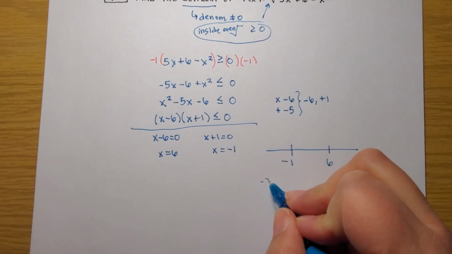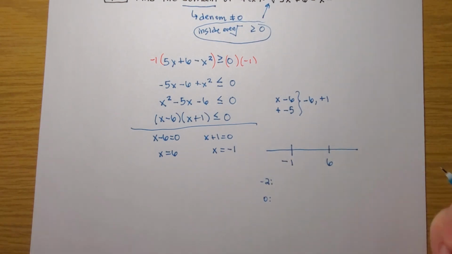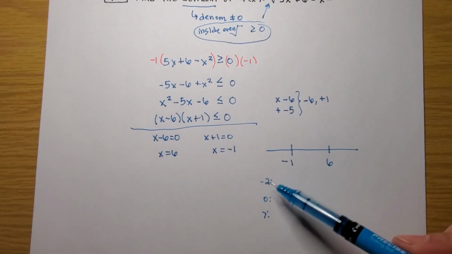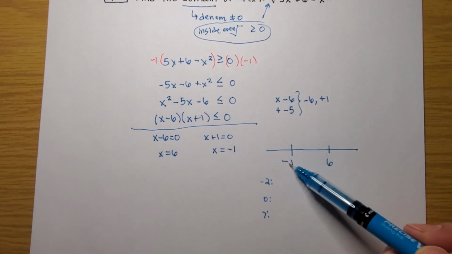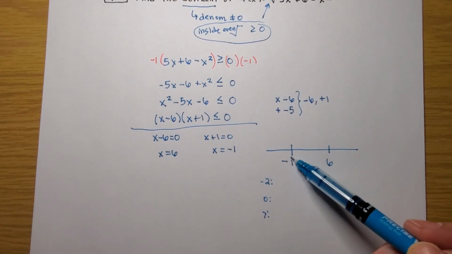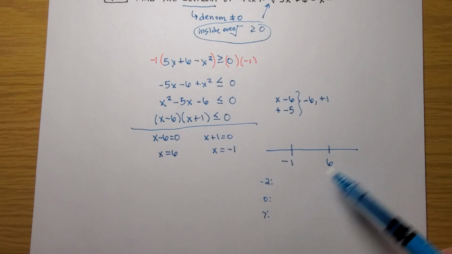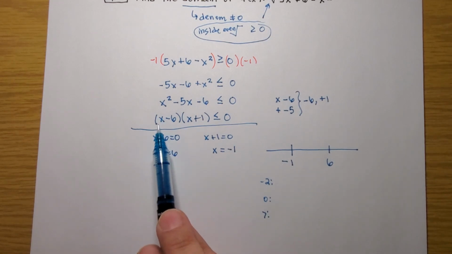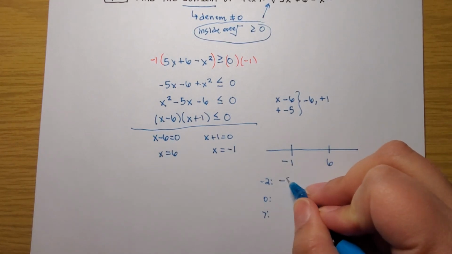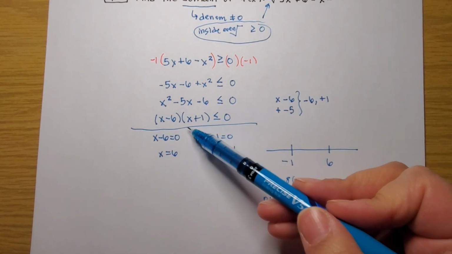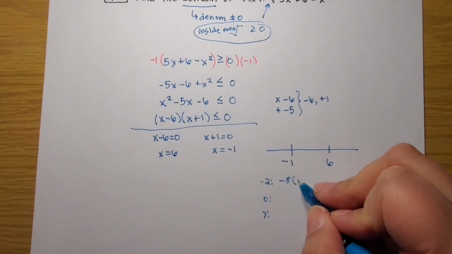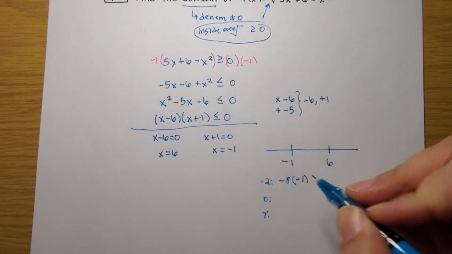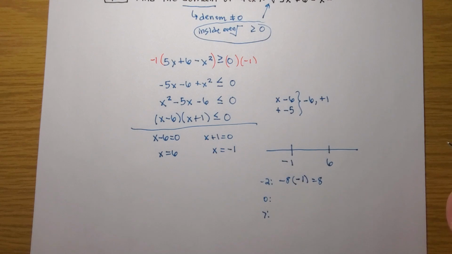So I'm going to pick -2, 0, and 7. Again, only because -2 is a nice number to the left of -1, 0 is a nice number in between, and 7 is above 6. And I'm going to plug them into my factored form here. So -2 minus 6 is -8, and -2 plus 1 is -1, which is going to give me a positive 8.